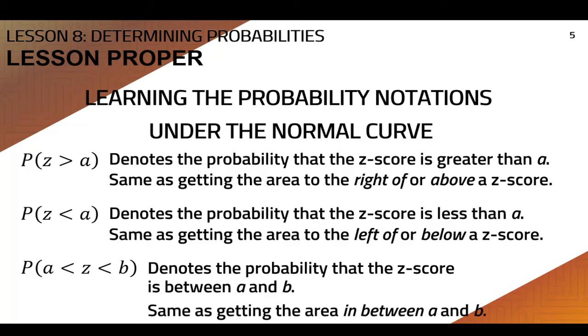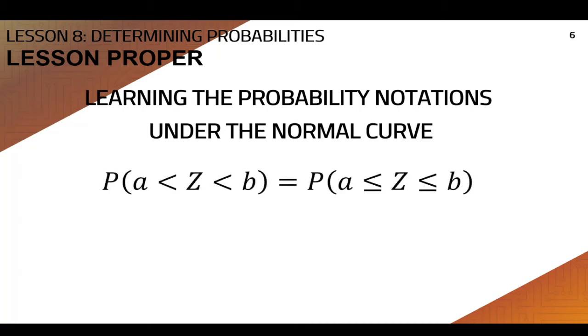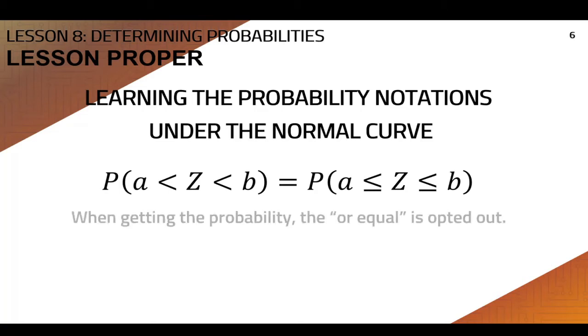Now, this is an important thing to see. These two notations are the same. The probability that Z is greater than A and less than B is equal to the probability that Z is greater than or equal to A and less than or equal to B. Why is that, sir?